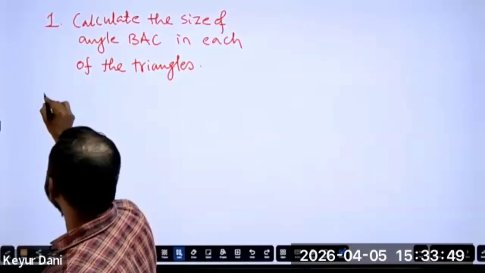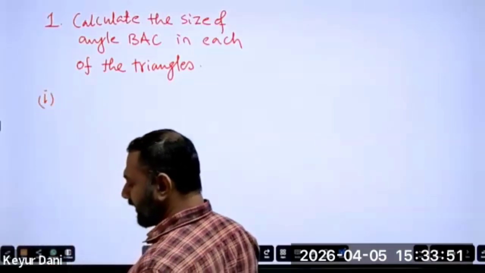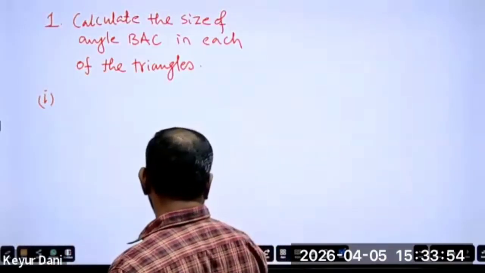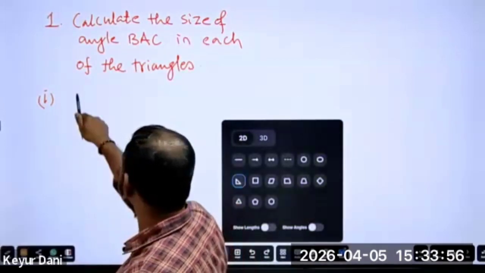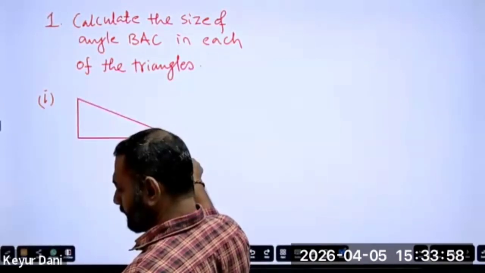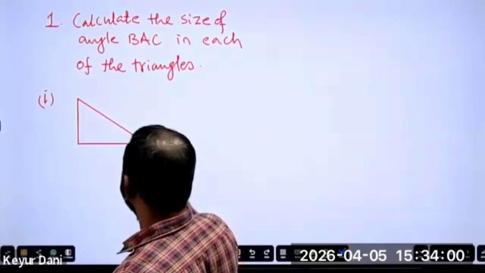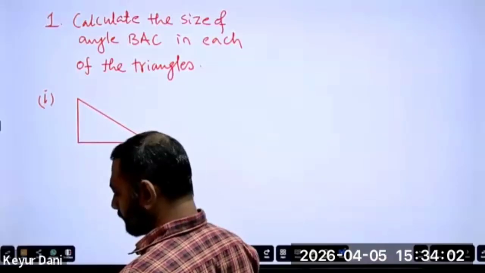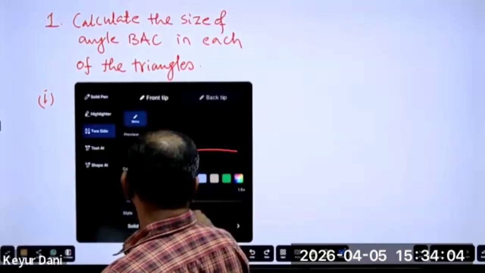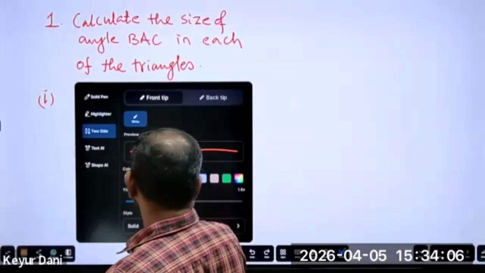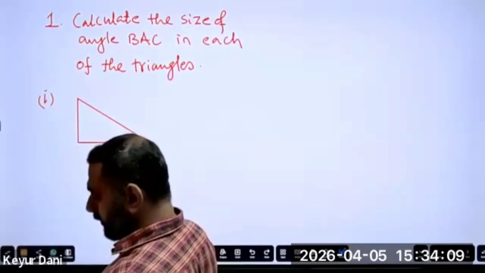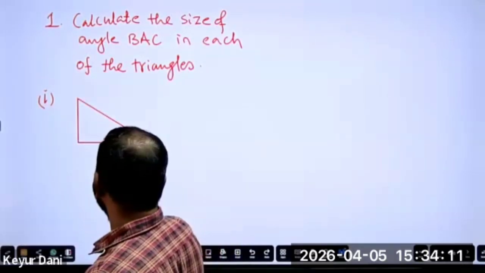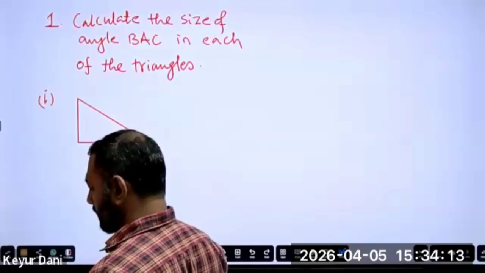In that case, the first triangle which they have given you is this. This side is given to you as 5 centimeters.